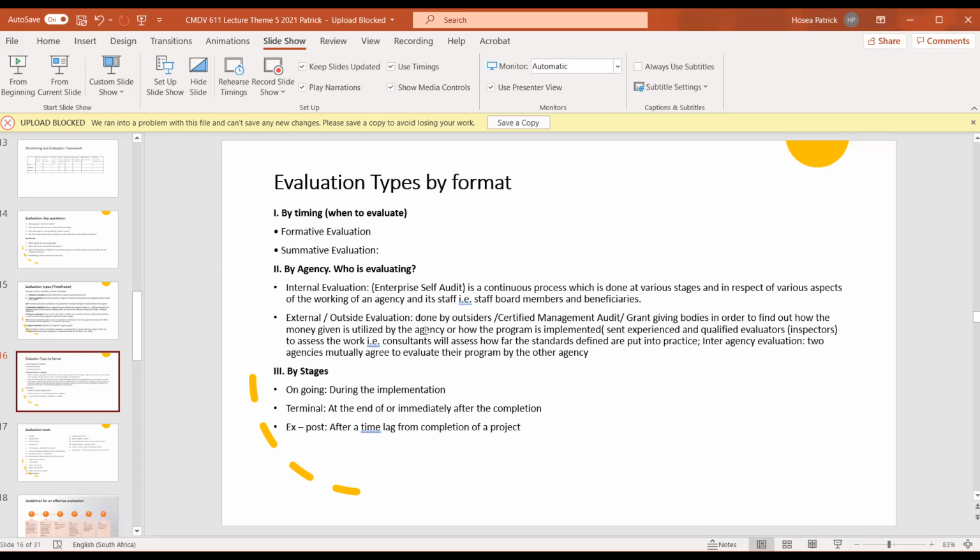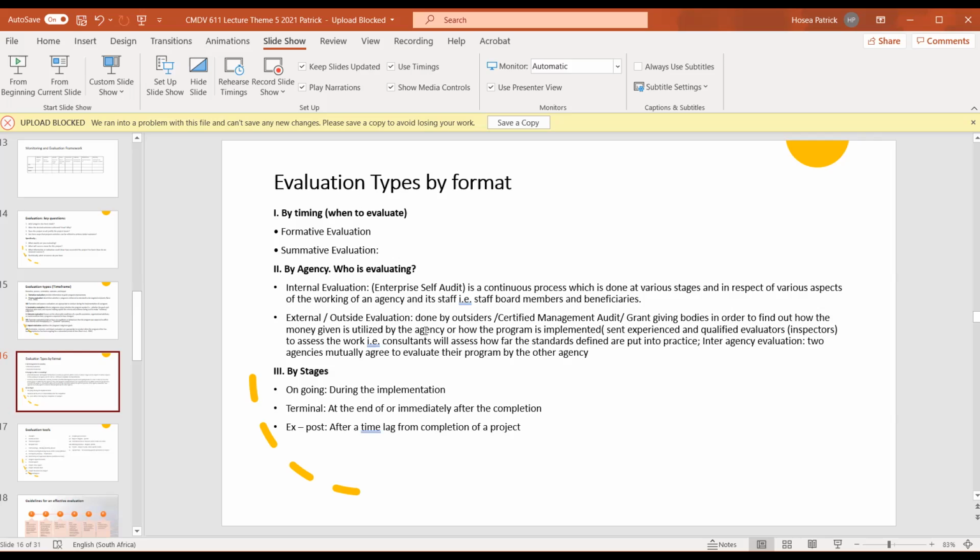And then by the external organization, evaluation done by external bodies, maybe an outsider, the regulatory agency of that particular project itself, or the stakeholders themselves, or an inspector, right? So these ones are done by an external body, people that are external to the particular project itself. So basically, that's evaluation by agency.